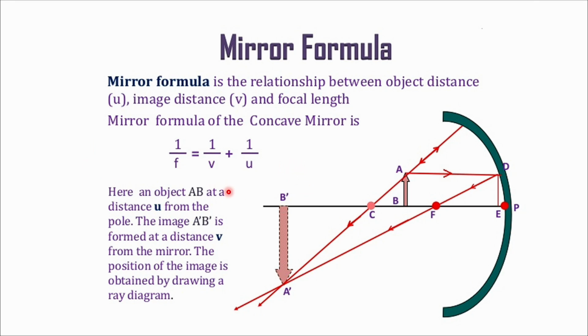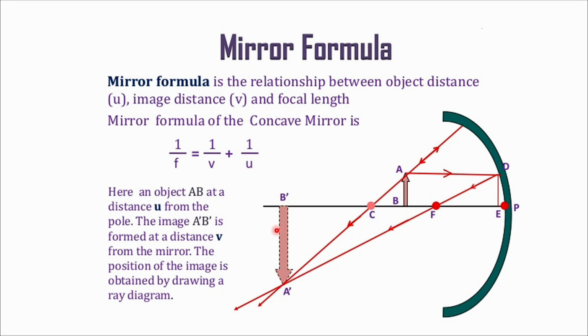So what is the formula? 1 by f equals 1 by v plus 1 by u. Sometimes they may ask you to derive this equation. F is the focal length, v is the image distance, u is the object distance.